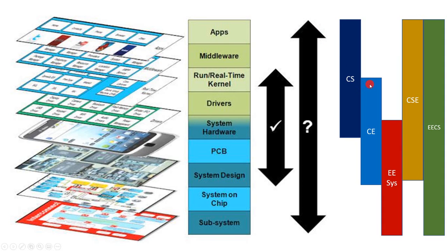Computer engineering from OS, networking, computer architecture down to the board. EE from the system design of the hardware down to the IC. And computer science and engineering sometimes mentioned about the CS and also CE. And EECS should come from the app down to the subsystems. So here give you the idea of these different disciplines, how are they divided.